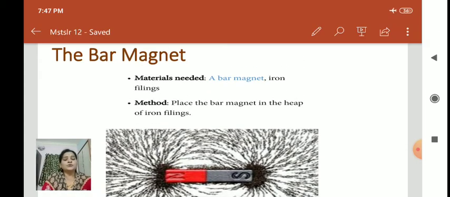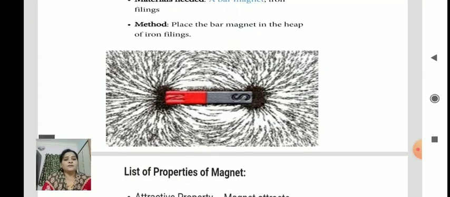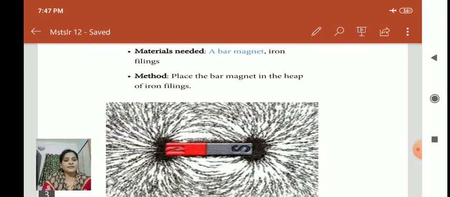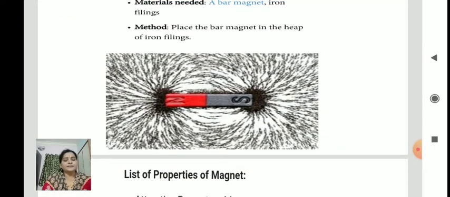Now we can also talk about magnetic moment. So what is magnetic moment? The product of the magnetic length and the pole strength gives you the magnetic moment. It is denoted by capital M, and capital M is equal to 2Lm.